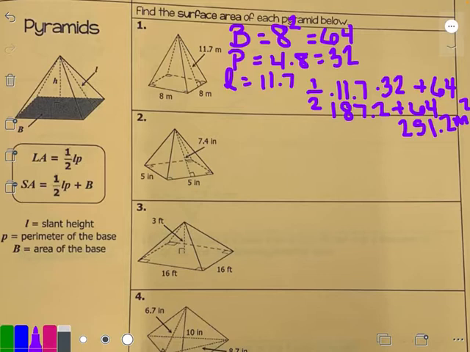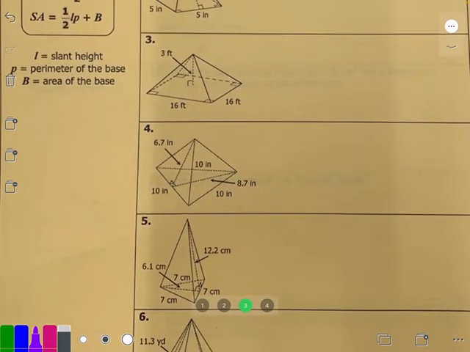Two and 3 are very similar because, again, we have square bases. So I want to move to number 4, which is a little different. Okay, so the base of this pyramid is a triangle.